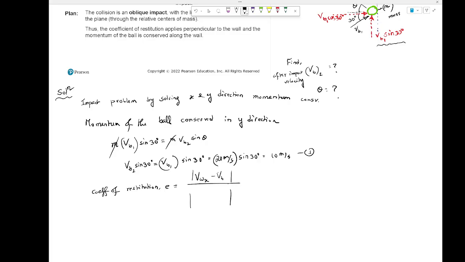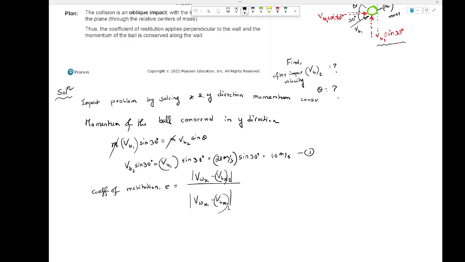Let me first write it here. VWx2, I didn't quite mention this before, so I'm going to explain it a little bit, because these are in the x direction only. And this wall velocity VWx is the same thing, it won't be changing, before the impact happened.